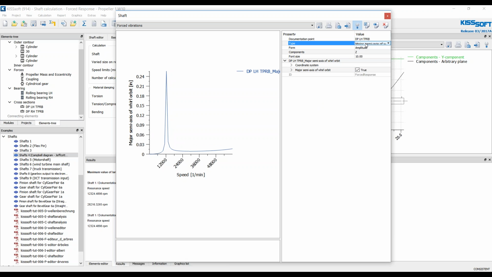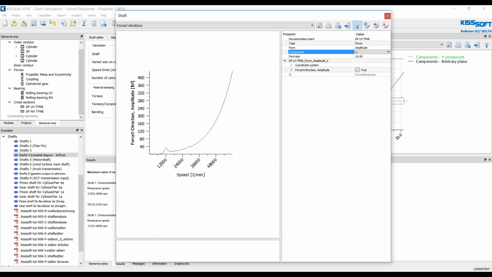But maybe I'm interested in the force at that bearing location. So here's the force response of the bearing at these loads just from the imbalanced masses. Okay? 450 pound force, and this is in the Z direction. We can plot it in the X direction. You can see it even goes higher. It's pretty low here.